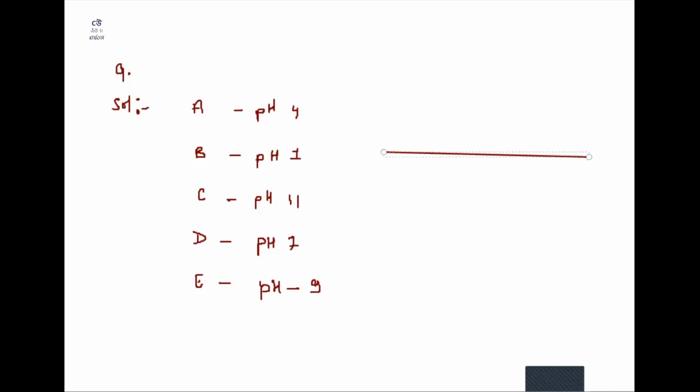Basically this pH scale has numbers from 0 to 14. So all the solutions whose pH value is between 1 to 6.9 are acidic in nature.